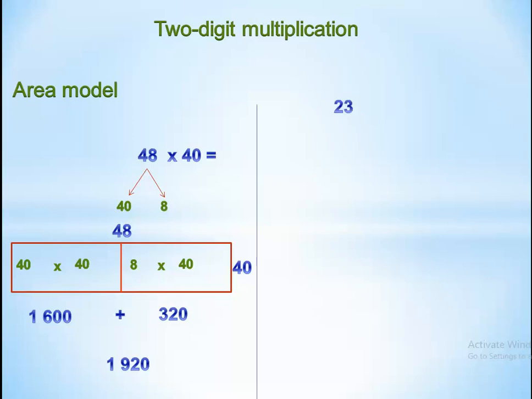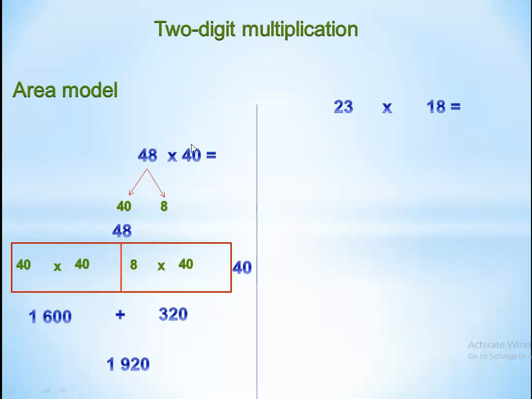Okay, if we have 23 times 18, here we must decompose both of them. Both numbers, decompose both numbers. But here why didn't we decompose both numbers? Because here we have 0. Here we have a number with 0.